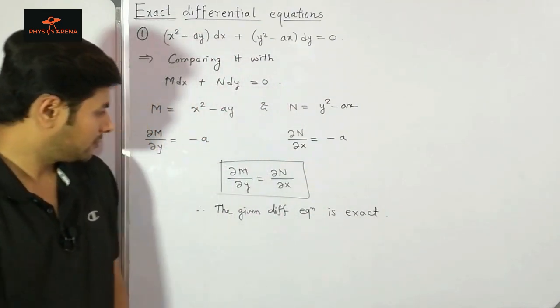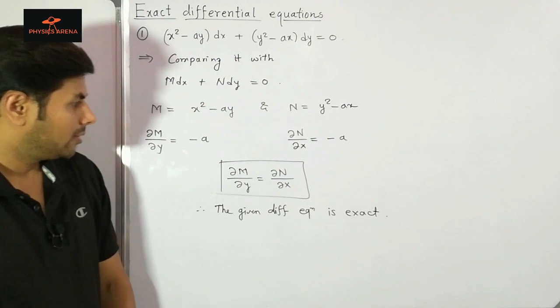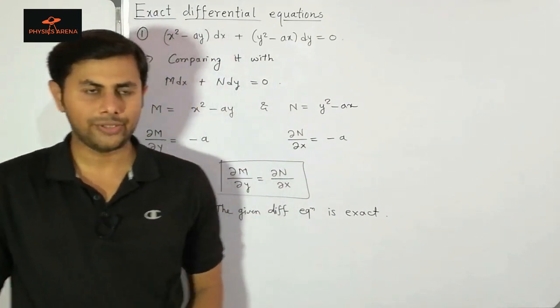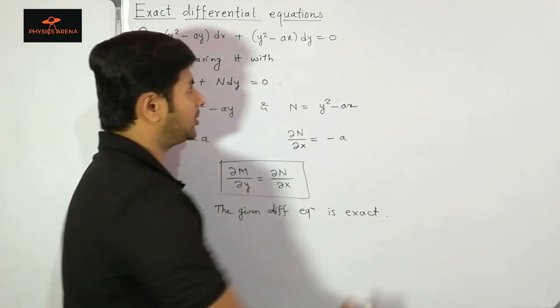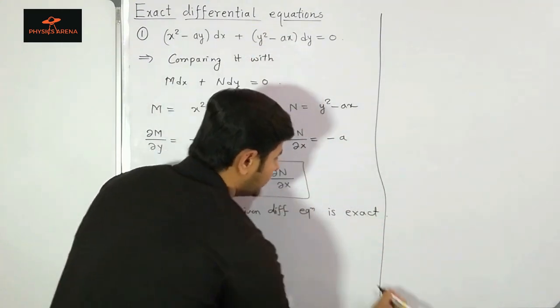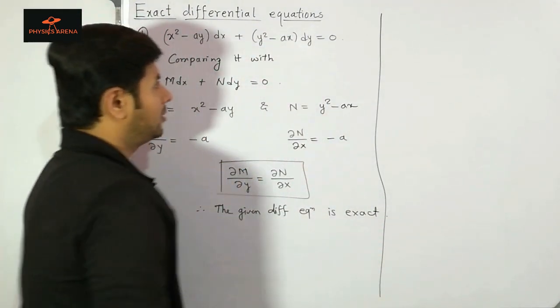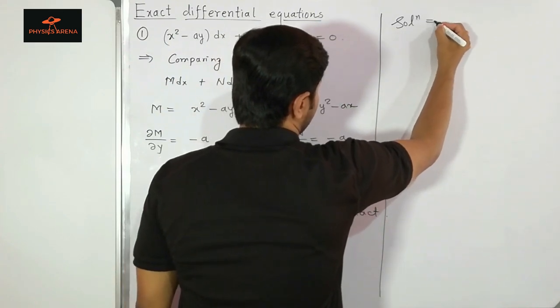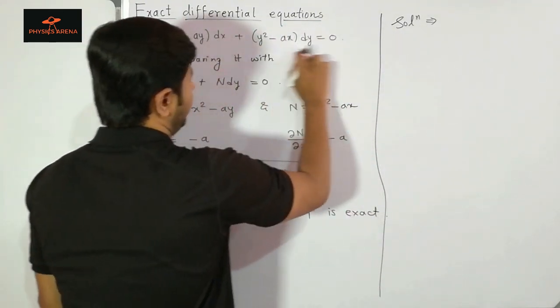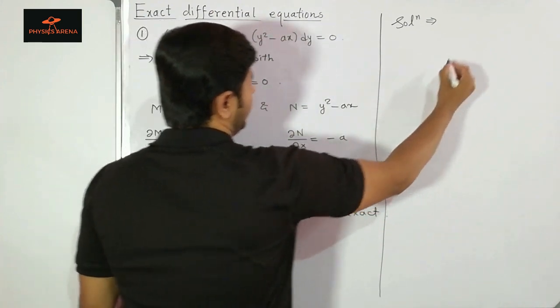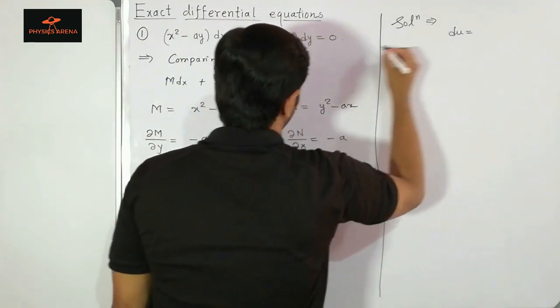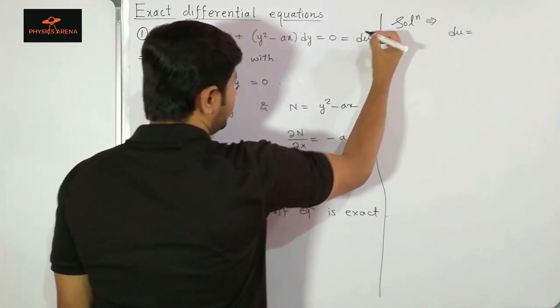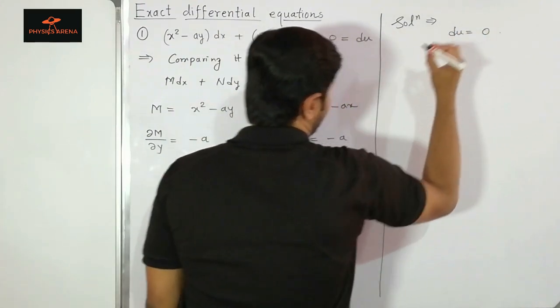Okay, then we know how to find solution of this given differential equation or exact differential equation. So solution is, since this can be written as du, we have du equals to 0.